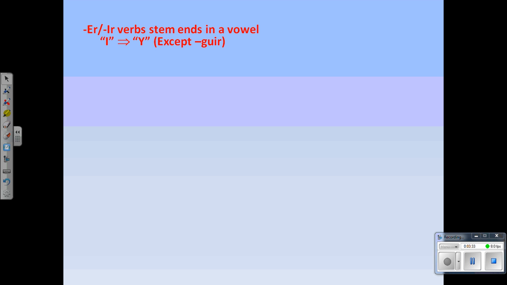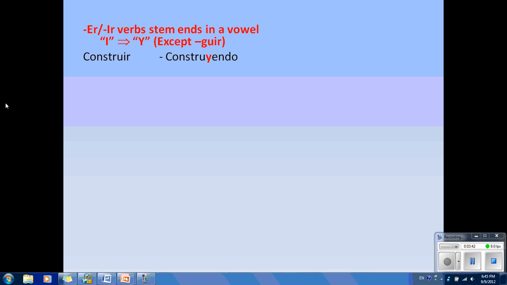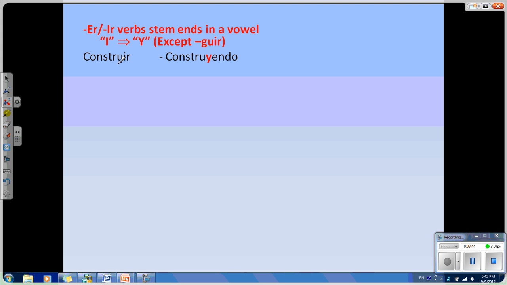Okay, a couple more. Regulars: -er, -ir verbs whose stem ends in a vowel. The I changes to a Y, but remember, except for -guir. So, for example, we have construir. Construir ends in -ir, right? And if you take off the -ir, you have a vowel. So if you have a vowel, then you change the I to a Y when you change it to a participle.